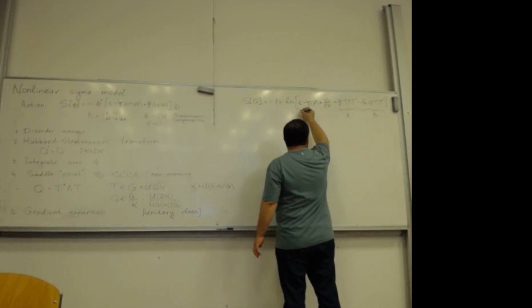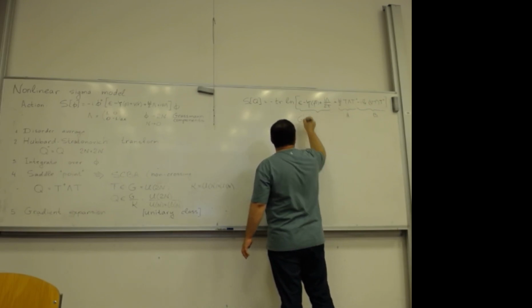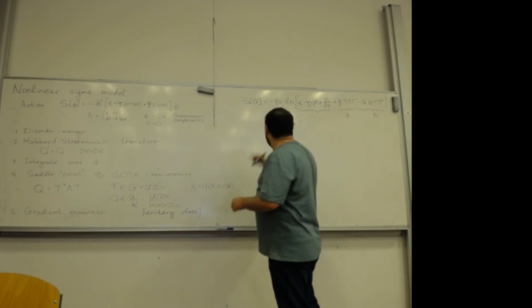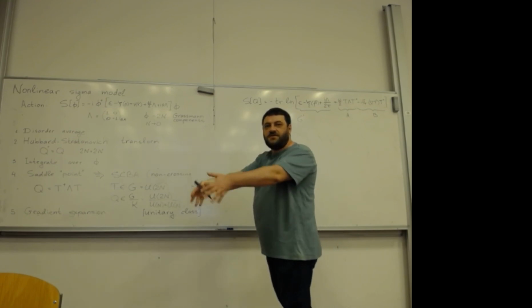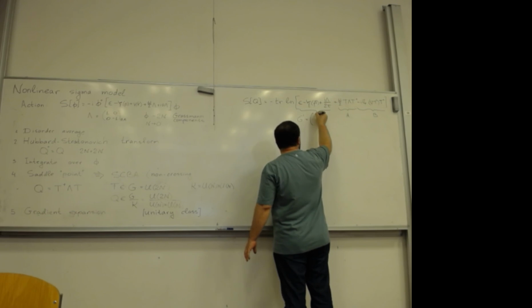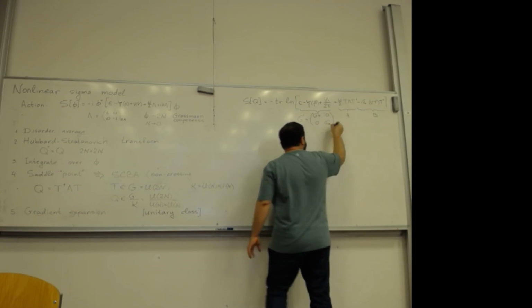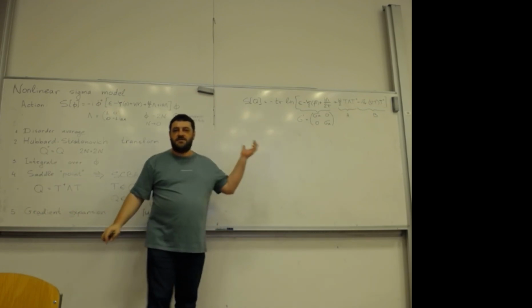And this object in front was called the inverse Green function, because this is exactly what the Green function has in the denominator. This inverse Green function is just a matrix with the inverse retarded function here and the inverse advanced function, so it's just plus minus.